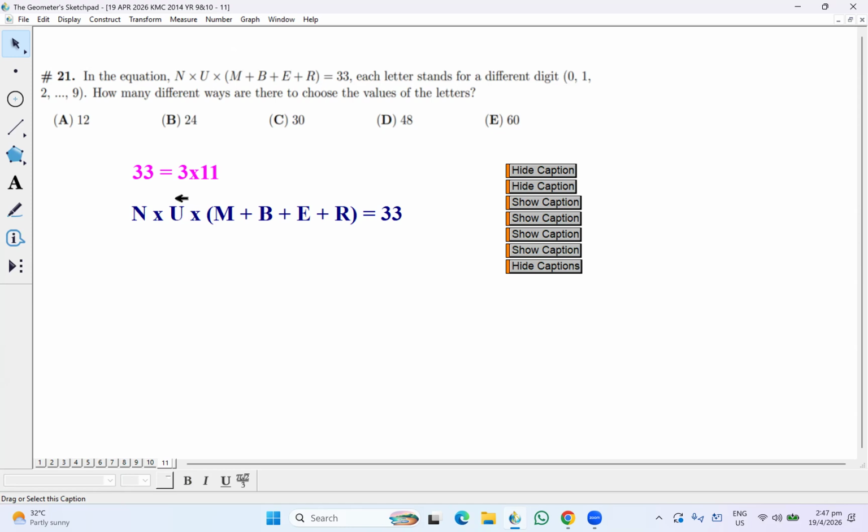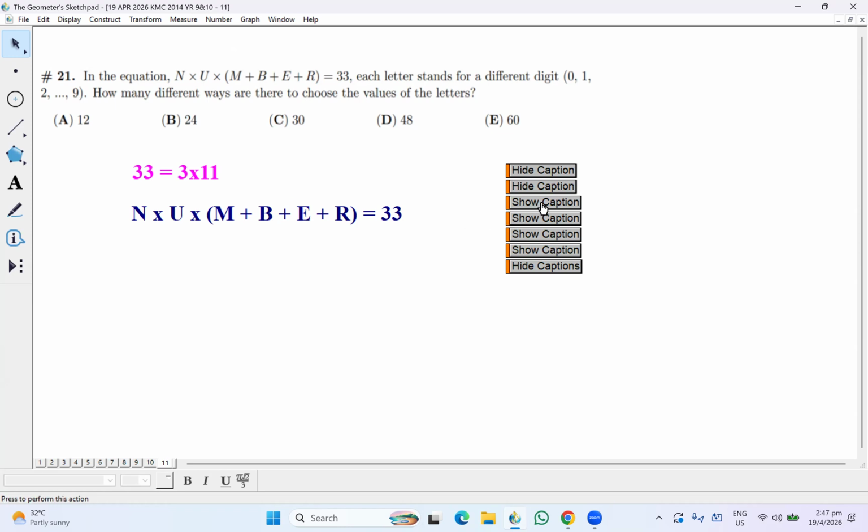1 and 3. So 2 can still use. 2, 3 cannot use. We must have 11.